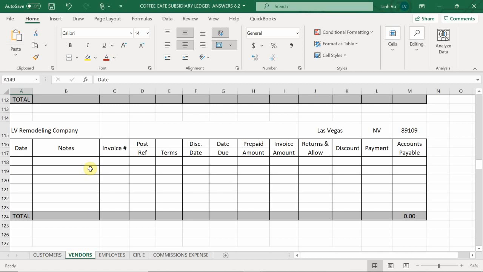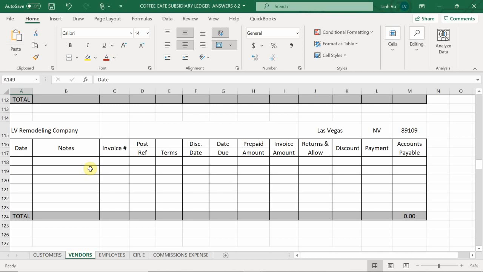This is another one because you are keeping track of your customers and your vendors, like how much you owe them or how much customers owe you. So this table here is going to keep track of your accounts payable and accounts receivable.